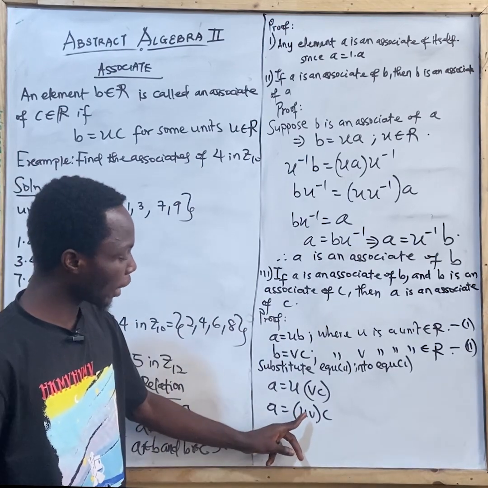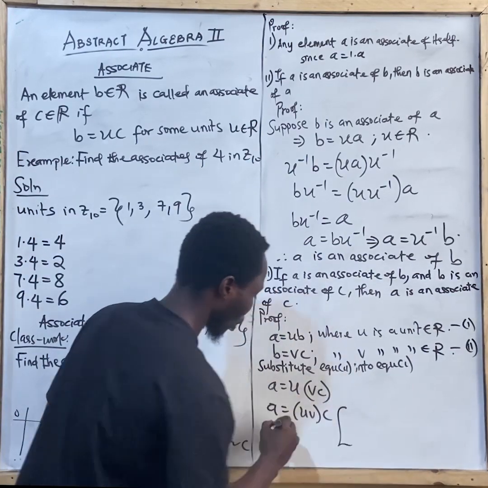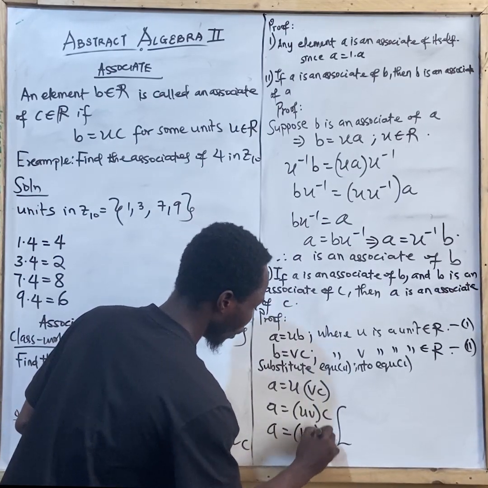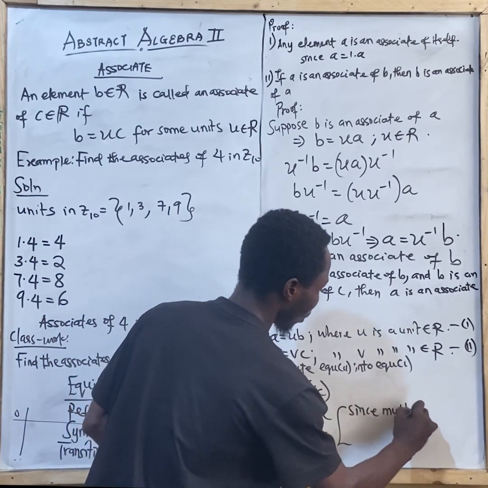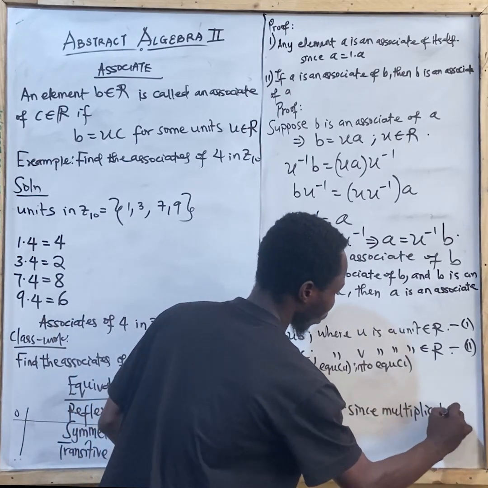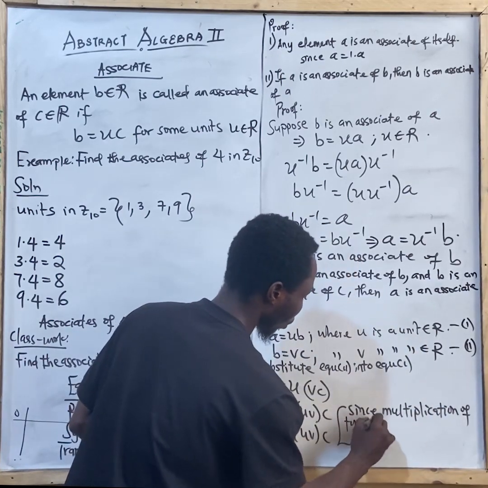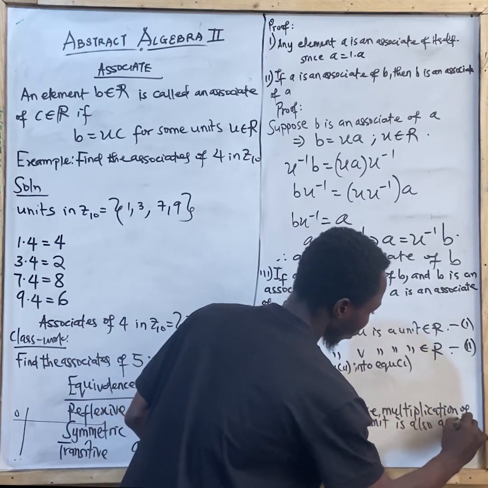When I multiply a unit by a unit, it will give me a unit. So A equals UV times C, since multiplication of 2 units is also a unit.